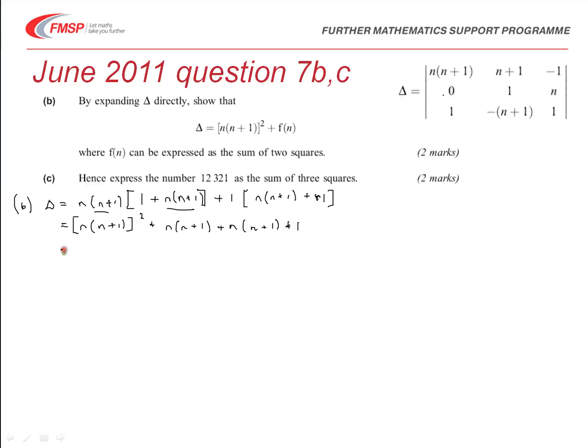If we now multiply out, we've got the n plus 1 all squared, and then we've got 2 lots of n squared, an n squared from both brackets, a 2n from both brackets, and then a plus 1. Now the question is, how are we going to get this sum of 2 squares in here?